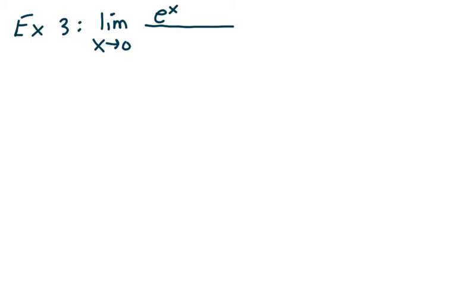Let's take a look at example 3. Suppose we had the following. Suppose we had the limit as x goes to 0 of e to the x plus e to the negative x minus 2 cosine x. So that's the numerator, and the denominator is x sine x.